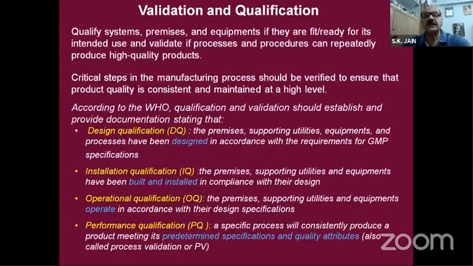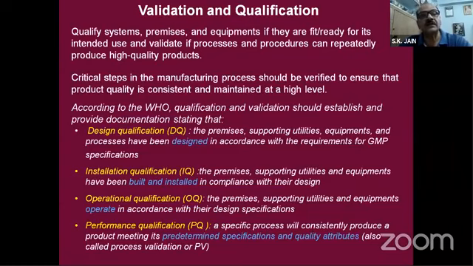Then validation and qualification. As I told you in the starting, if you want to validate, then we must know the qualification of that particular process. Only then can we validate.